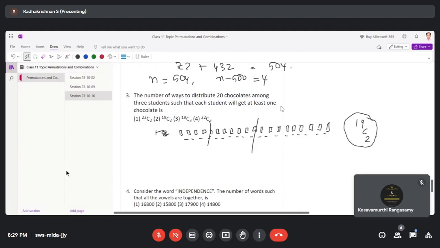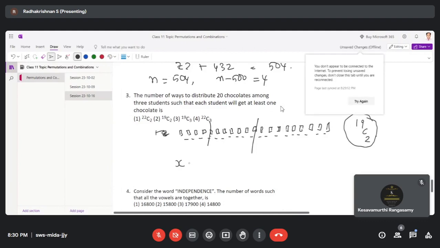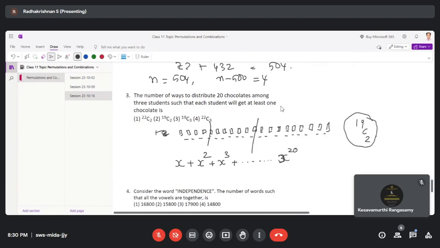When each student will get at least one chocolate, it means he can get one chocolate, or 2 chocolates, 3 chocolates, or up to 20 chocolates.